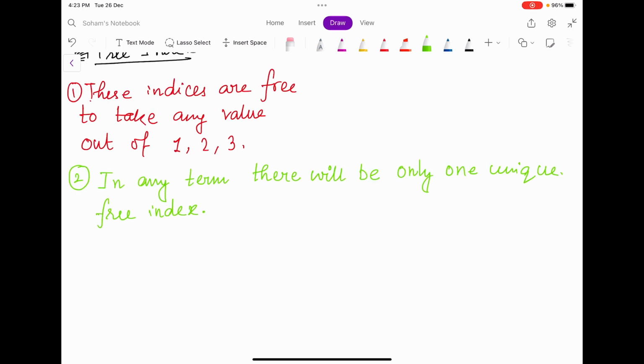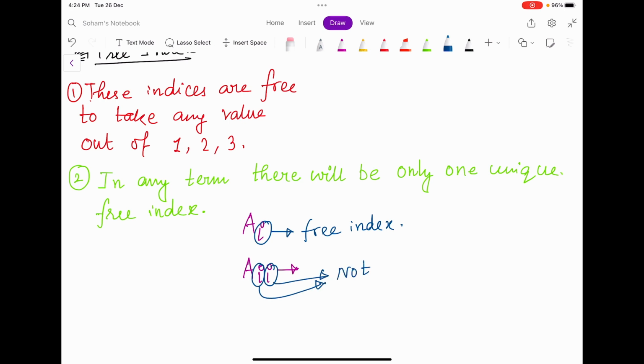So what do we mean by this? This means that we can write Ai. If this is Ai, then i is a free index. But if I write Aii, then this i or this i, both of them are not free indices. And what are they called? I will talk about later.